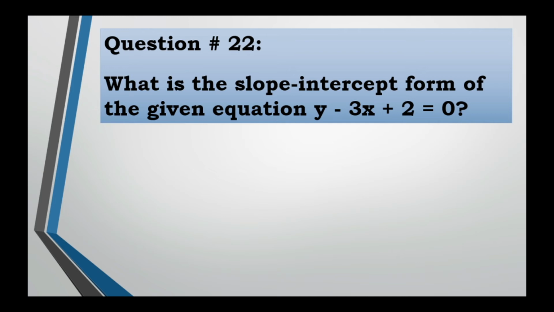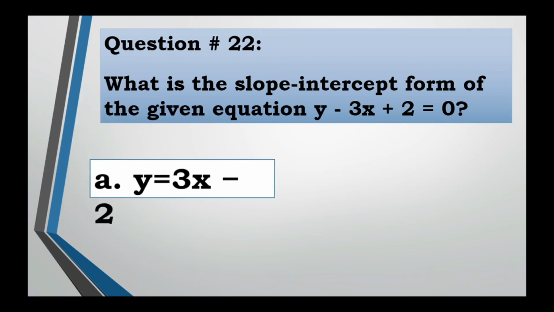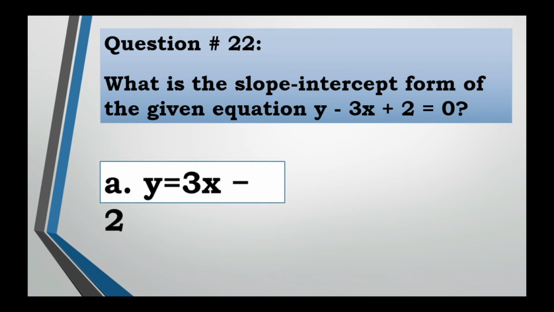Question number 22. What is the slope-intercept form of the given equation y minus 3x plus 2 equals 0? Letter A, y equals 3x minus 2.